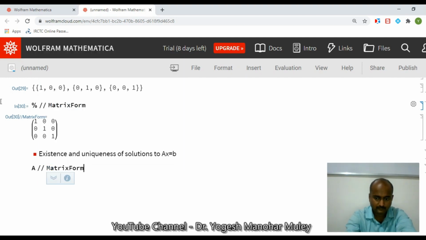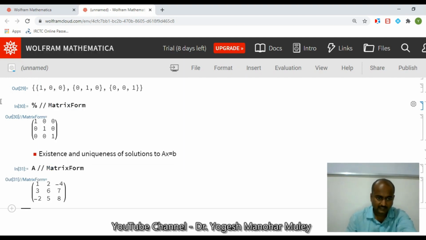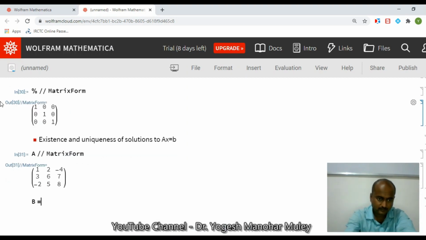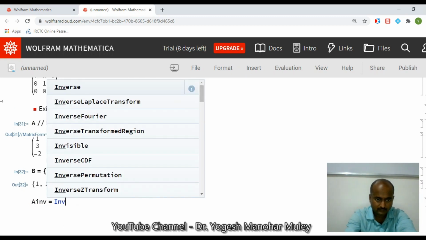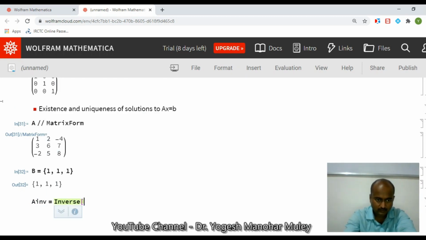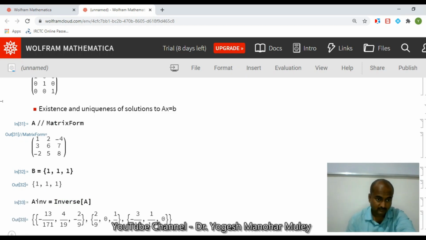So again I will use the same matrix. For B, I will use some other entries, which is the right hand side of our matrix. So again we'll find A inverse using the inverse command on A, and this will give us A inverse.